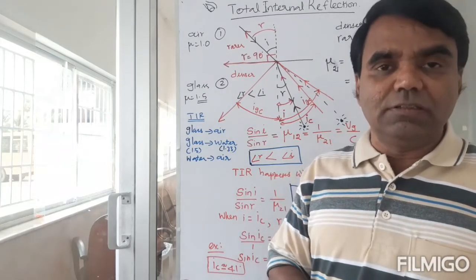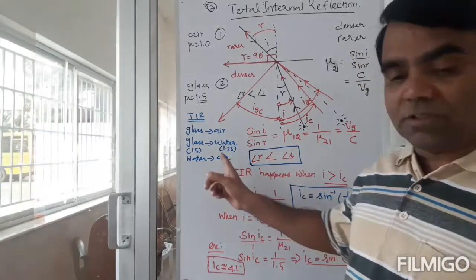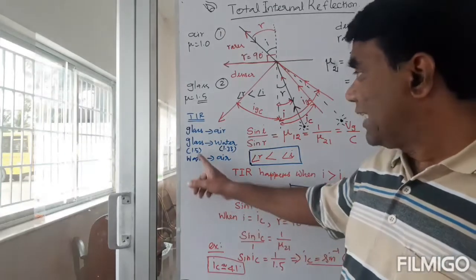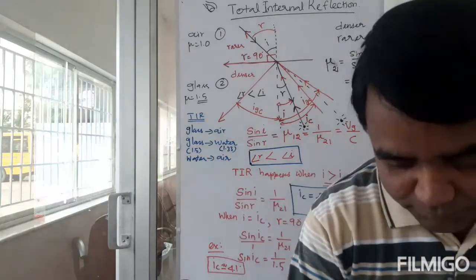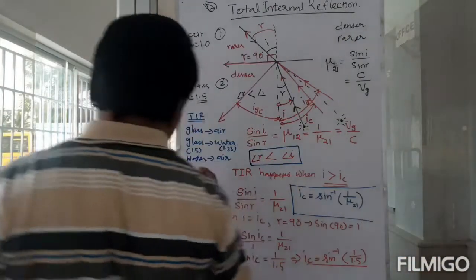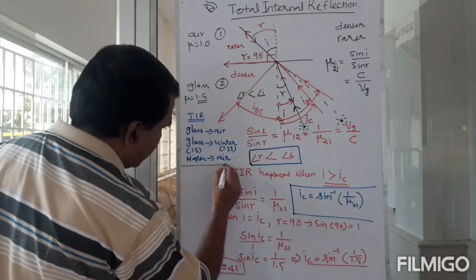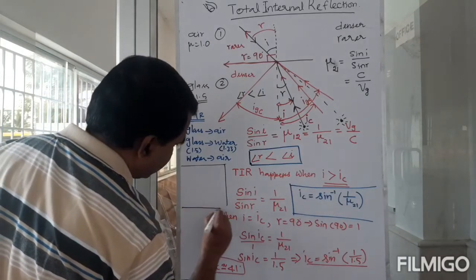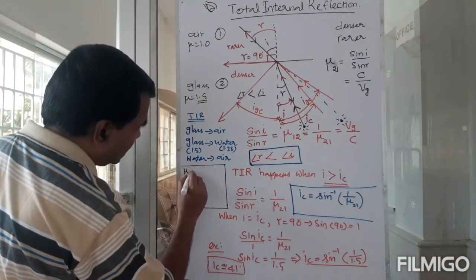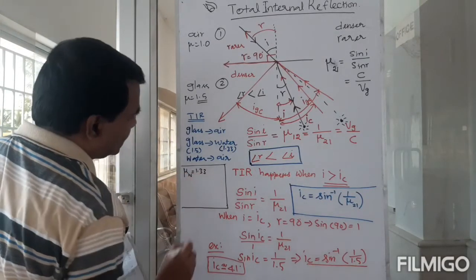For water, the refractive index of water is 1.33. Okay. We'll write it down.